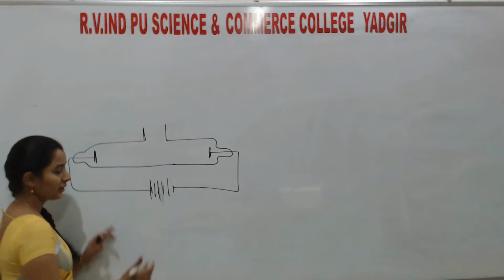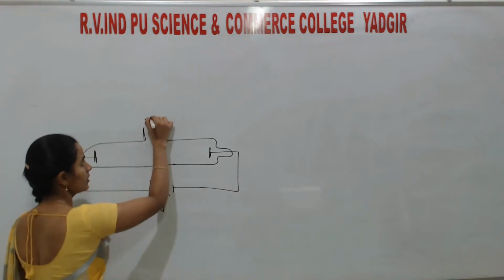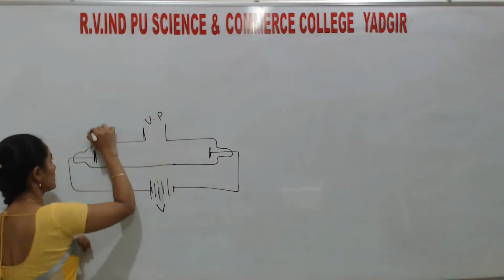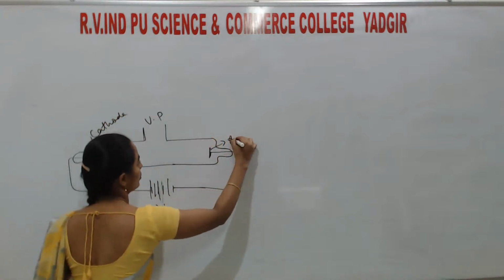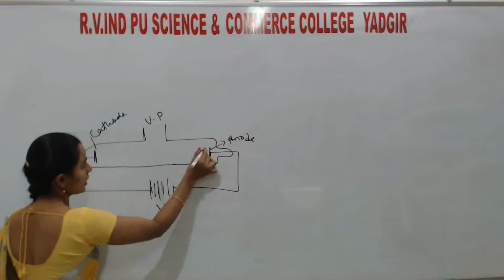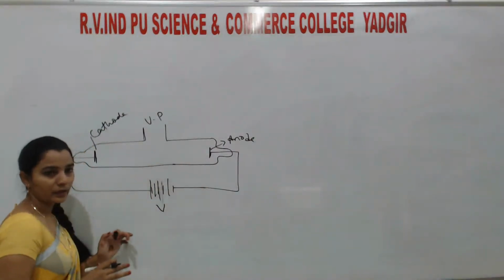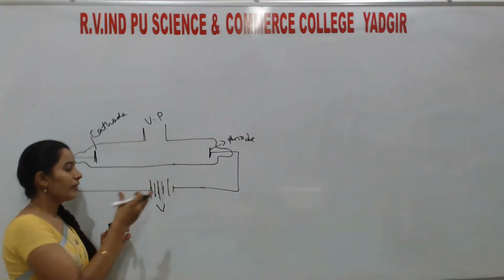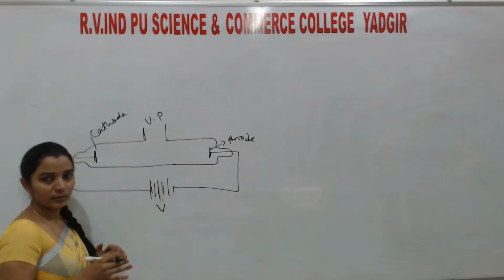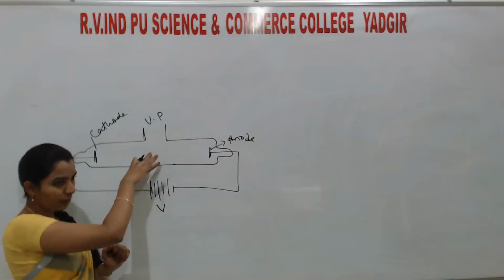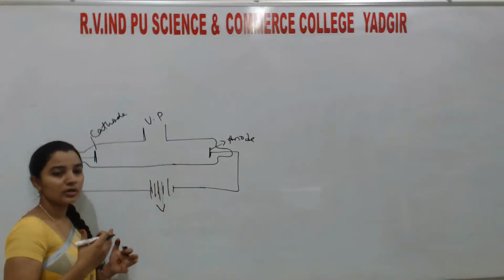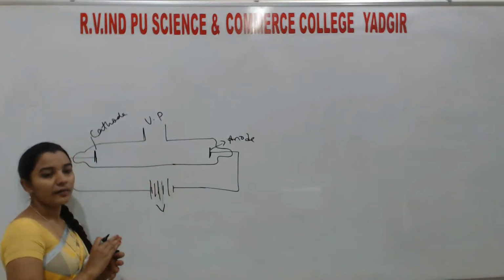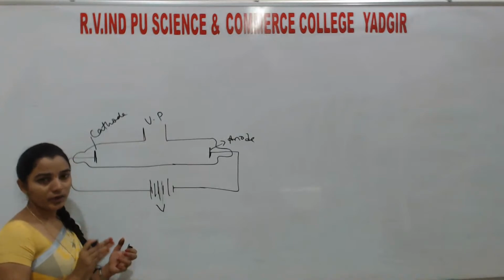This is the high voltage, this is the vacuum pump, this is the cathode, this is the anode, and here gaseous atoms are there. This is the cathode ray experiment. When high voltage is passed at low pressure, the rays start moving from cathode to anode. Those are called cathode rays, and they are not affected by electric field or magnetic field.